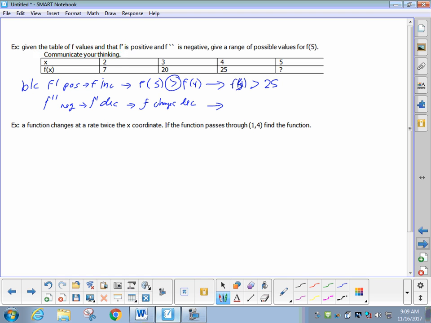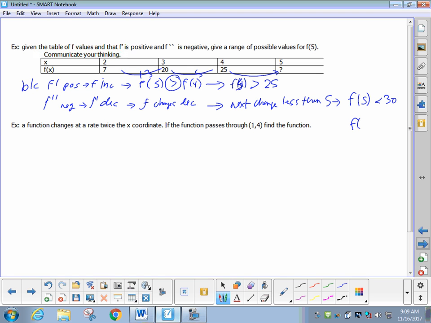Well, I need to look at the changes then. This change is 13. This change is 5. Therefore, this change must be less than 5. Now, if the next change must be less than 5, that implies that F at 5 must be less than 30.